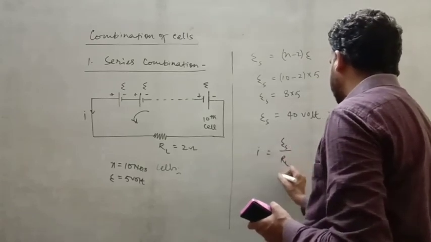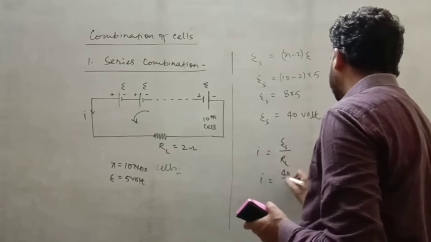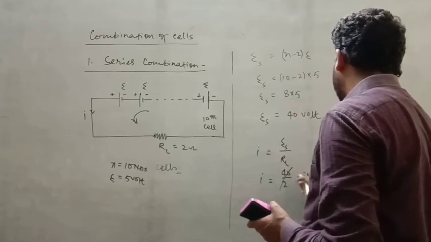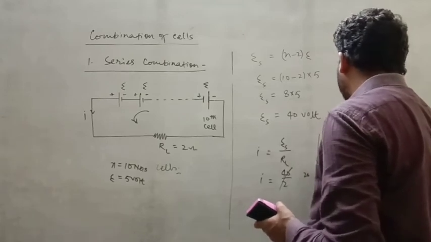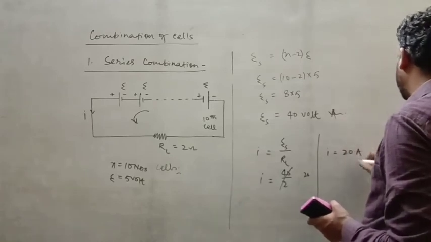So net EMF is 40 volt divided by 2 ohm, which gives 20 ampere. Alright, got it?